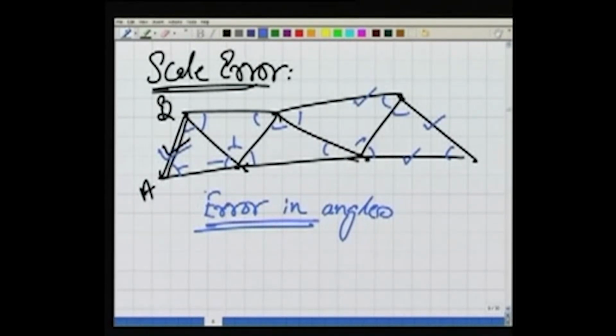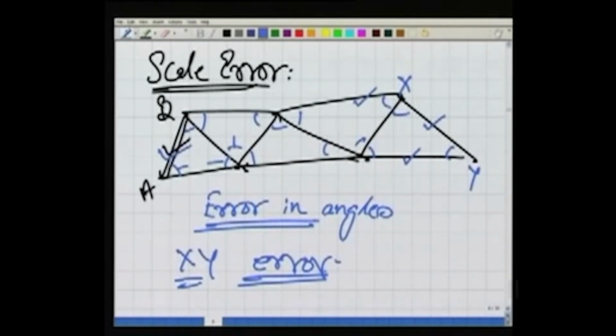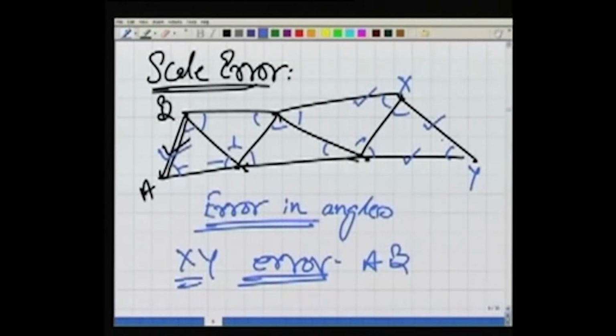Propagates means that when we are computing the length here, let us say finally x, y, we will have some error in computing this length x, y, which is a result of the error in our initial AB, as well as, the important thing, how much is the error in the angles. So the error in computing x, y is because of the error in AB as well as the errors in all these angles.